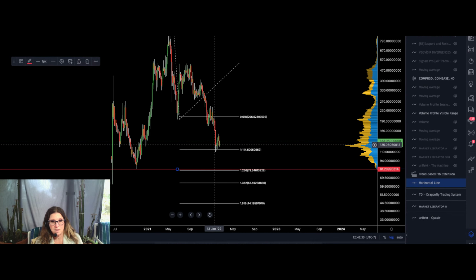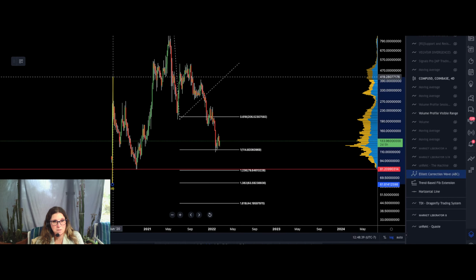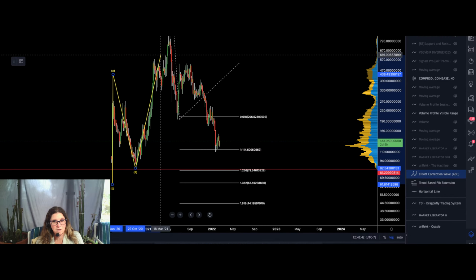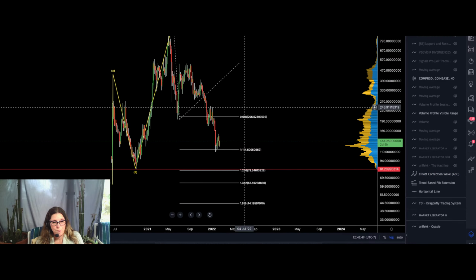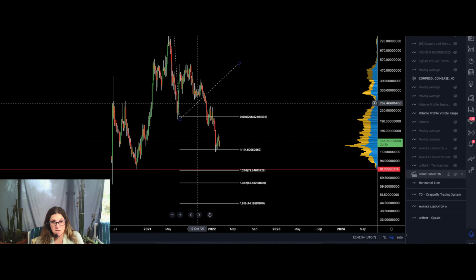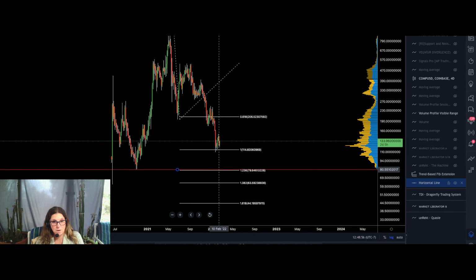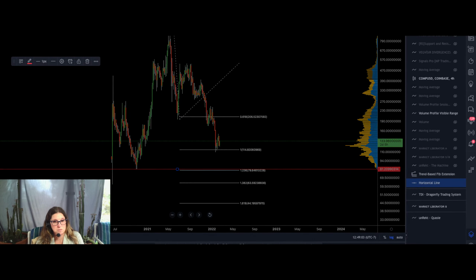And if it does that, unfortunately what it's going to mean is that this is an ABC here. I don't like that. So it's got to hold this red line, and it's got to hold this 1-to-1. So let's look at this little guy here, see what he is, or her.